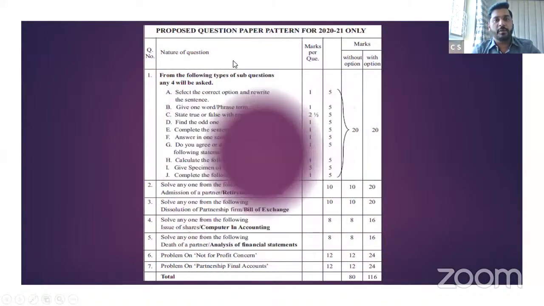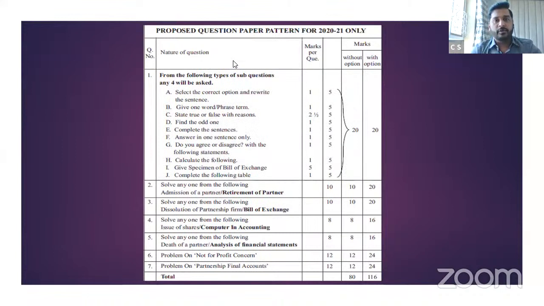So there is hardly any scope for me to talk about this paper pattern, but yet, just for a quick glance, we can see this. This is the standard paper pattern which the board has set for the previous year as well as this year. This is going to be there only for these 2 years. Last year they could not conduct the exam, but this year definitely there would be an offline examination, and this would be the paper pattern.